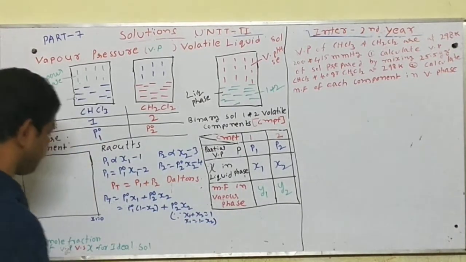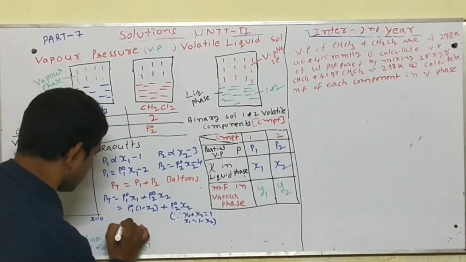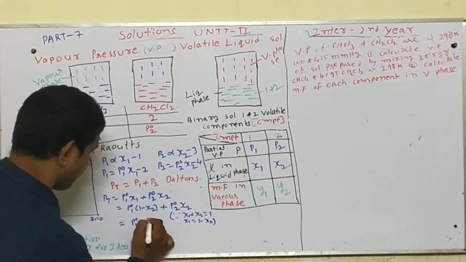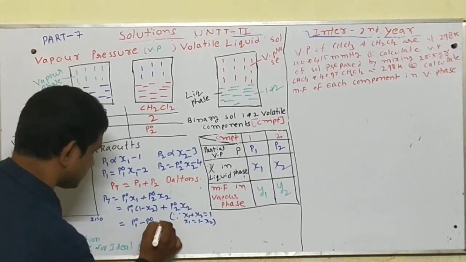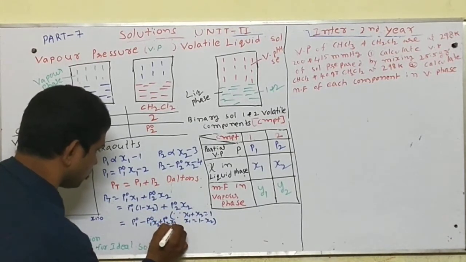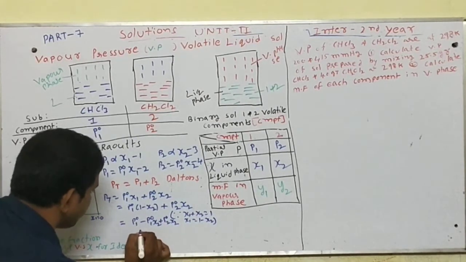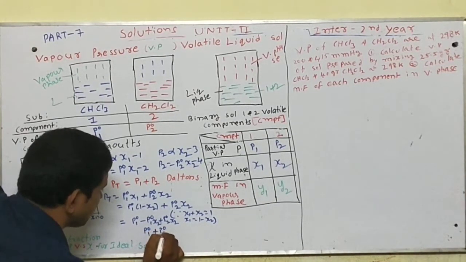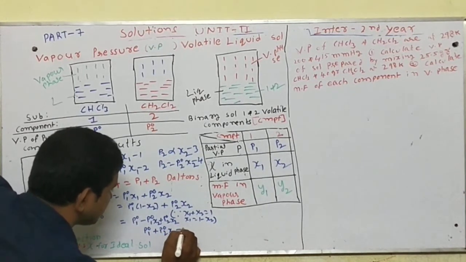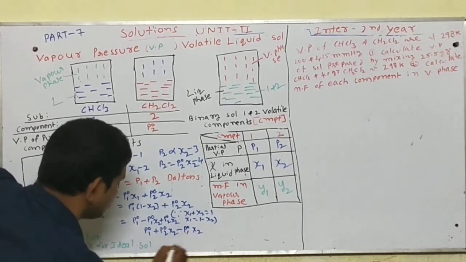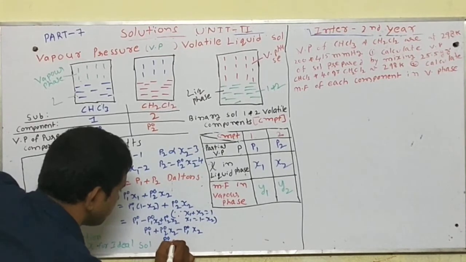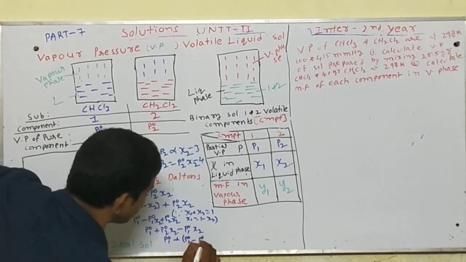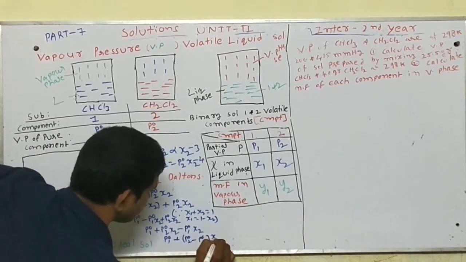So I am writing this here. Now P01 minus P01 x2 plus P02 x2, rearranging we get P01 plus P02 x2 minus P01 x2, P01 plus, I can write, P02 minus P01 and I am taking x2 as common.